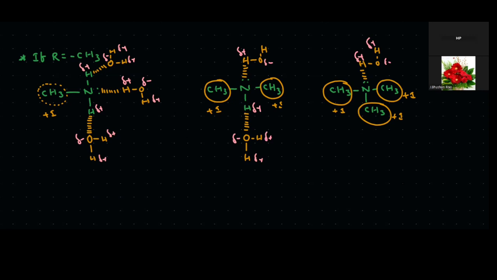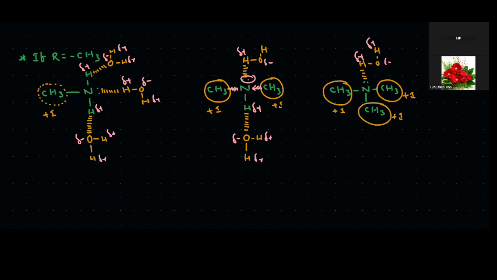If R equals CH3, the CH3 size is very small. If the CH3 group size is very small, the two inductive groups increase the density towards nitrogen. At the same time, hydrogen bonding is also directly attached to this nitrogen, and this lone pair of electrons is easily donated to others.